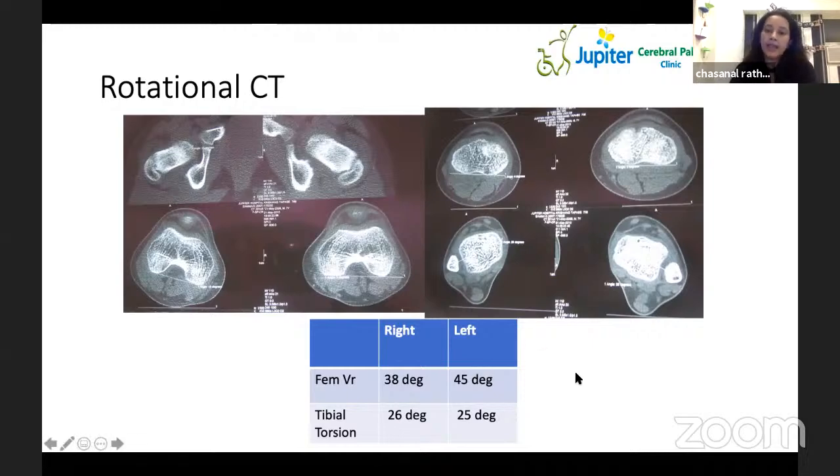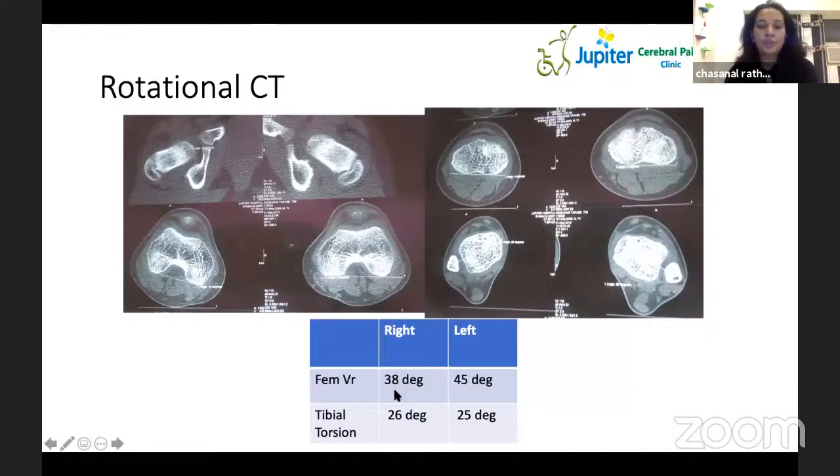Like I said, in the diagnostic matrix, we need additional radiological evaluation, and a rotational CT profile is what we usually do at our clinic and the lab to understand how the rotations are, as supplementary data to the transverse plane gait graphs.